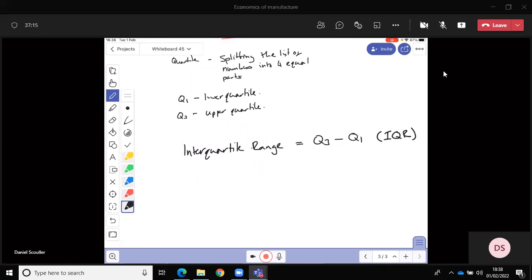The semi-interquartile range does something similar, but for reasons known only to statisticians, divides that by 2. Okay, so again, it's Q3 minus Q1.